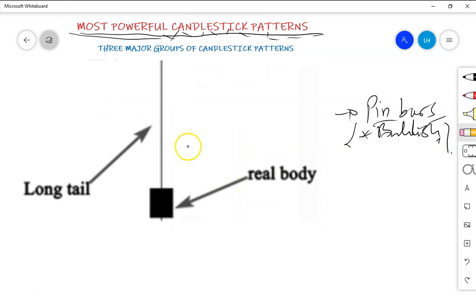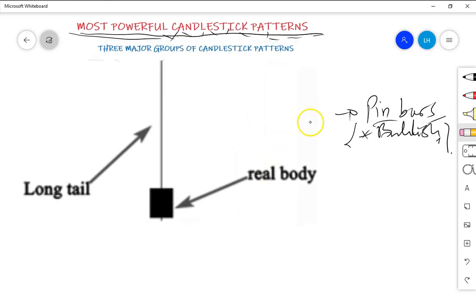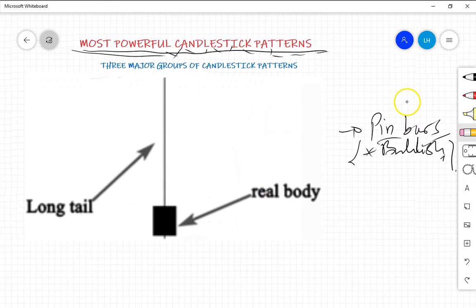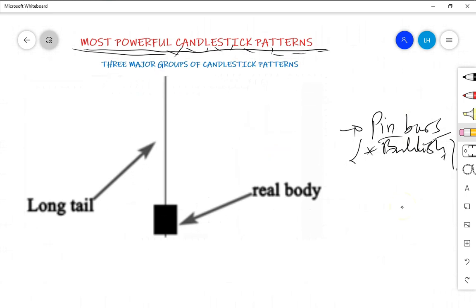A bearish pin bar is something like this. Sometimes they call it a shooting star. A shooting star has just the inverse information from what we described for the hammer.